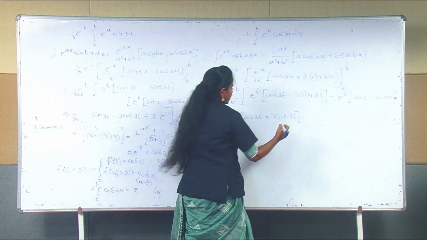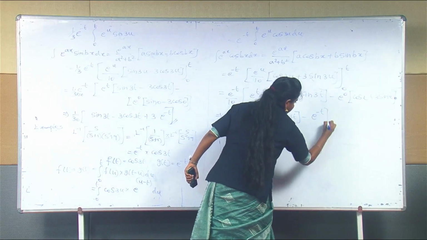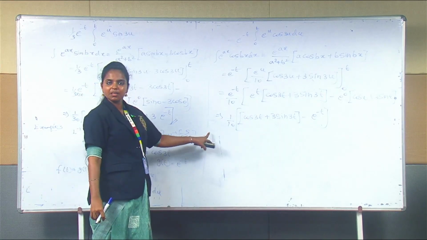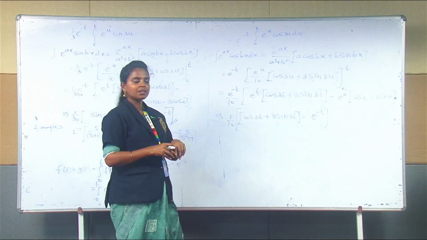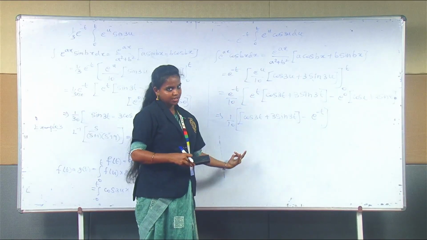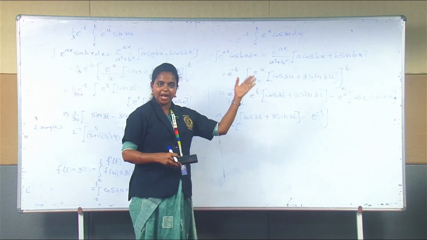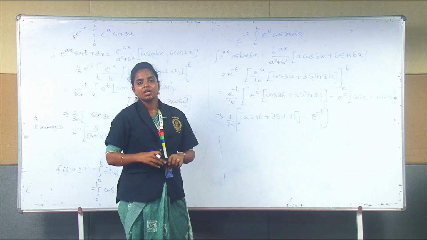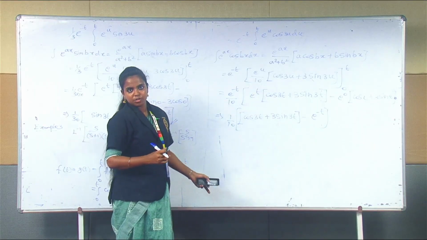So here we have e power minus t. So finally you have this. So how it varies? If s is included, then the solution is different. If s is not included, then the solution is different. You have to concentrate on that also.